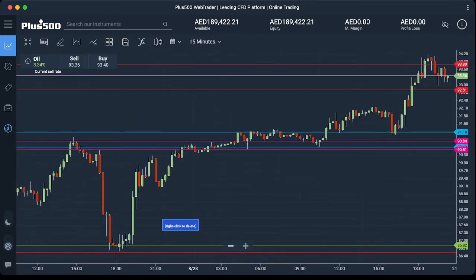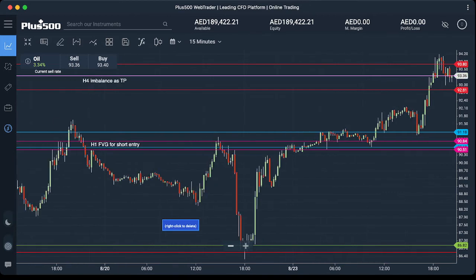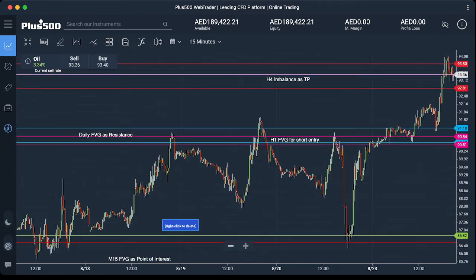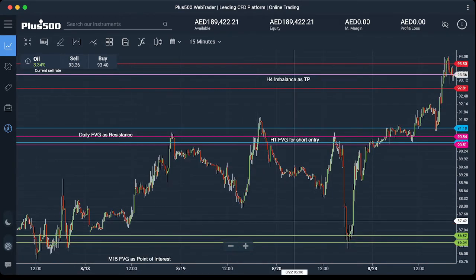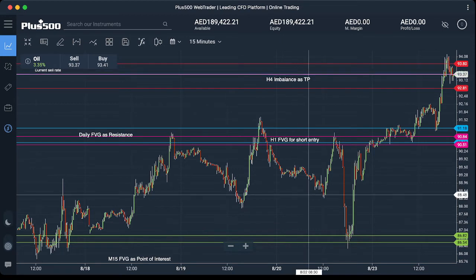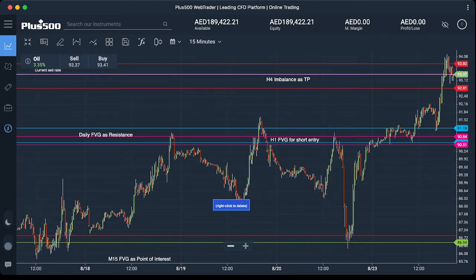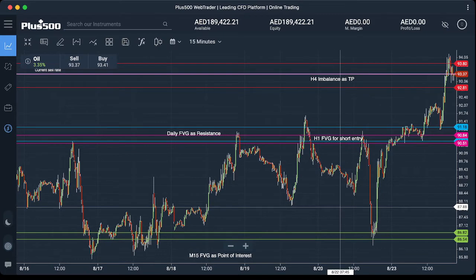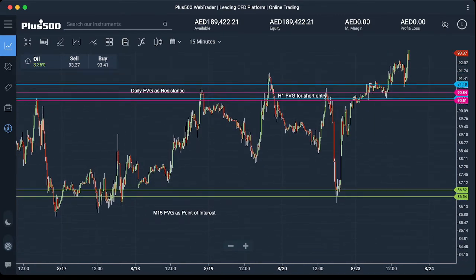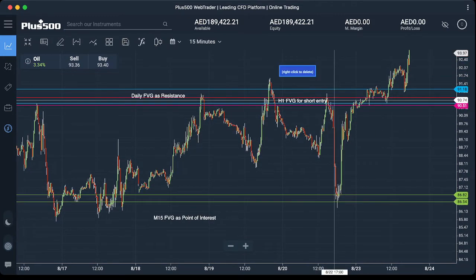And what happened on Monday, I call a weekly manipulation. So we had this down move, as you can see here, from here to exactly this green area.